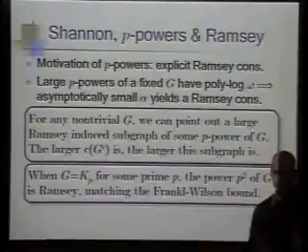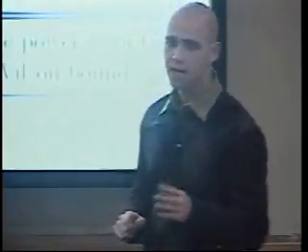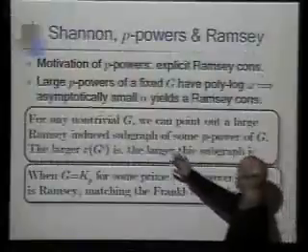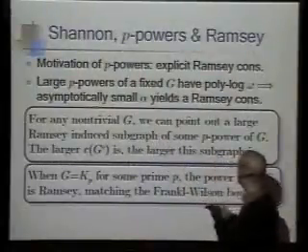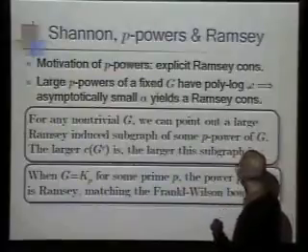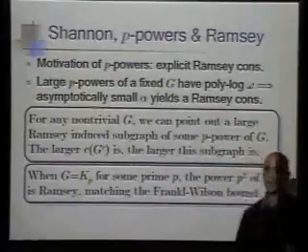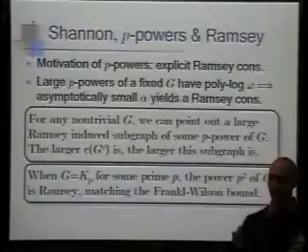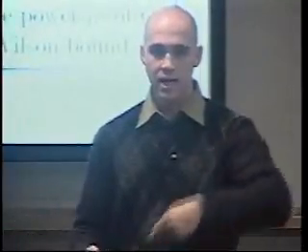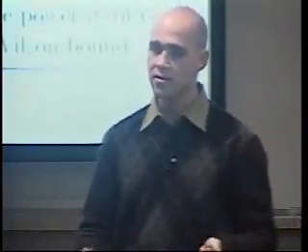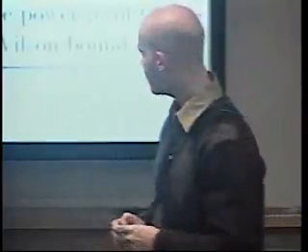For any G, it doesn't matter which G you start with, it doesn't even have to be regular, we can point out an explicit large Ramsey subgraph of some of its p powers. So you have this operator, the p power operator. It doesn't matter which graph you begin with. Take it to a high enough p power, and at least a subgraph of it will be Ramsey.